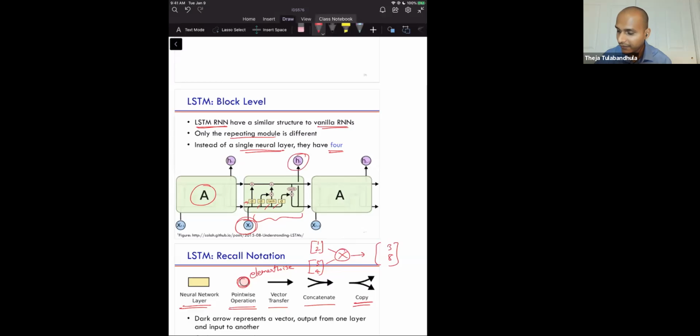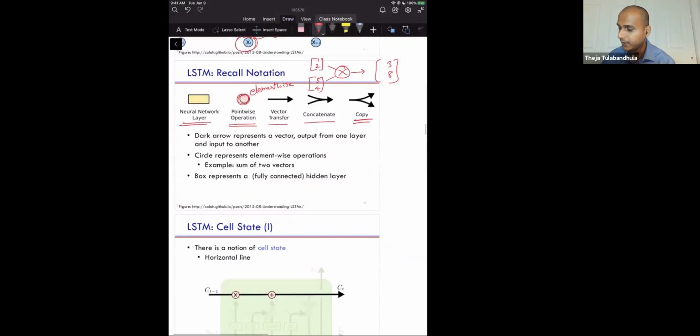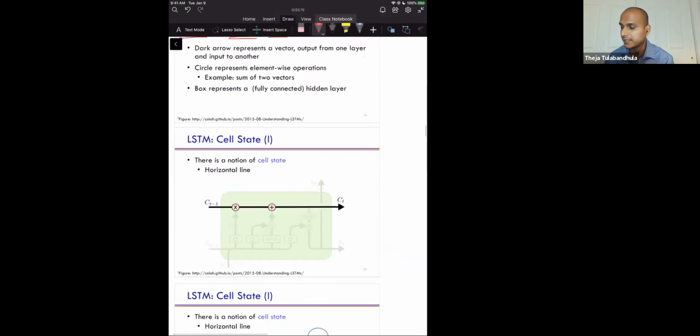But instead of that, we have 2 different types of vectors that go from block to block. That's a slight difference from previous blocks. We're first going to describe one of these vectors. That vector is called the cell state vector.